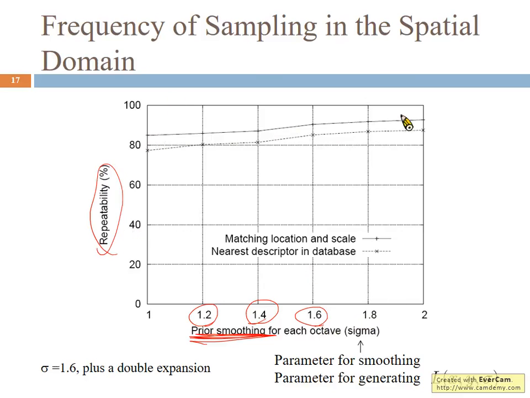The solid curve shows the number of detected key points, and the dash curve shows the number of matched key points. We can see that as we increase the smoothing setting, we can find more key points and match more key points. However, we need to pay the cost of computation.